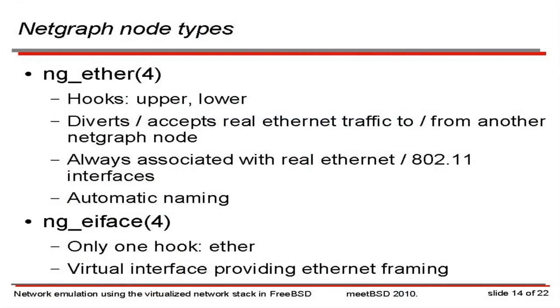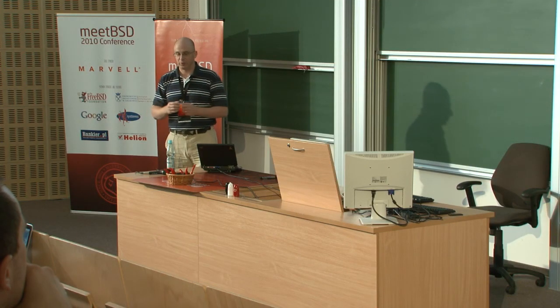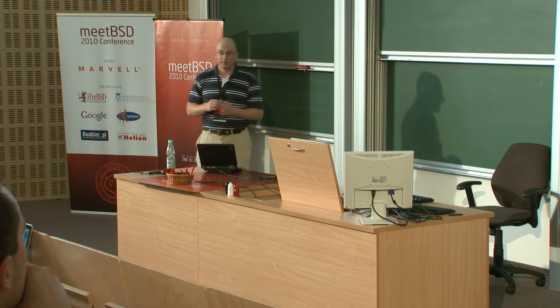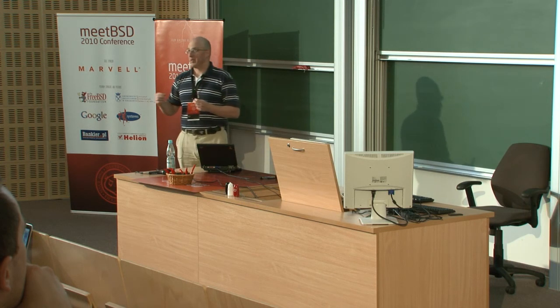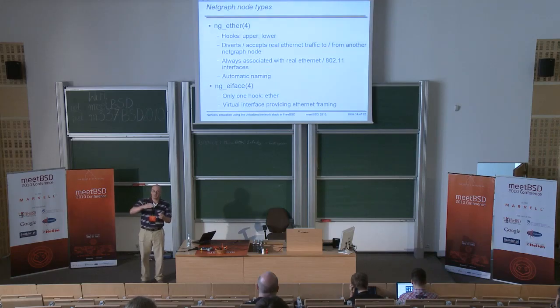So here's a list of a few of the most widely used netgraph nodes. ng_ether attaches to a physical or virtual Ethernet interface and makes it possible to intercept packets that go from the network card to the upper layer of the network stack.